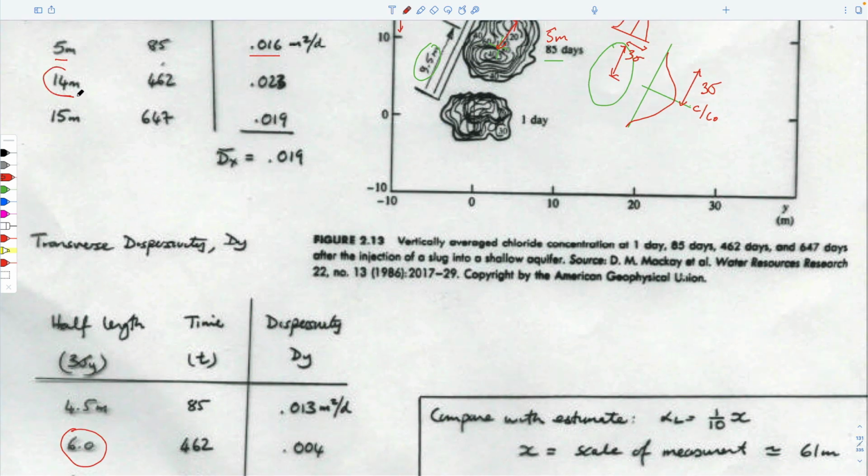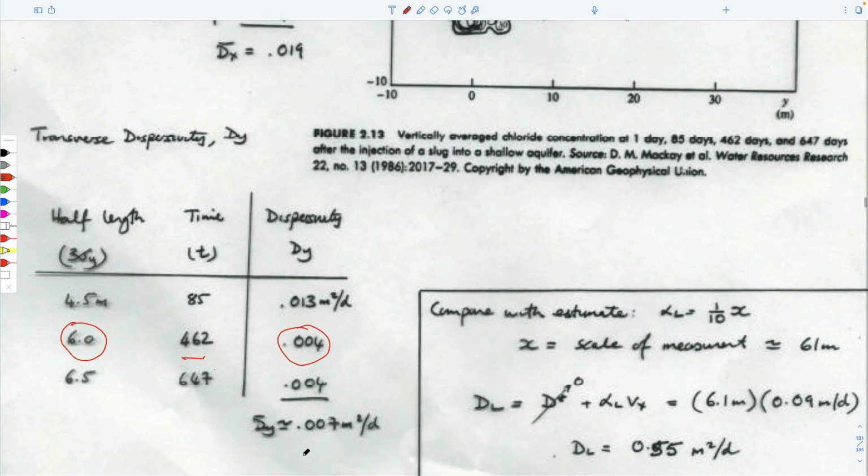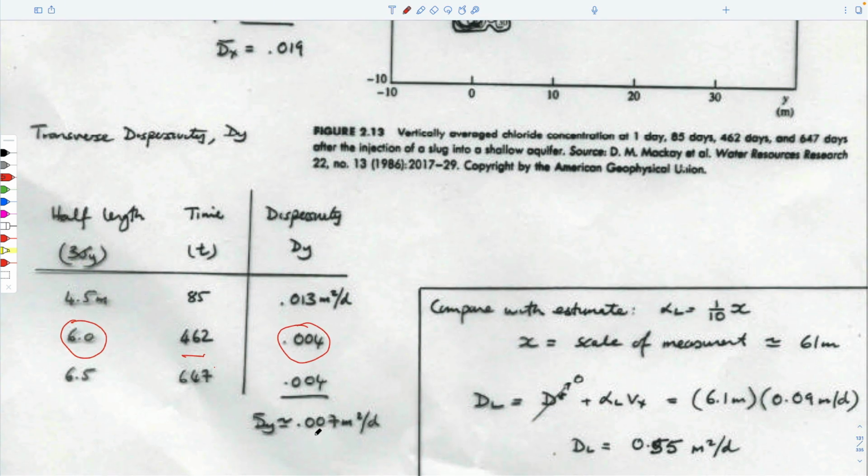Same calculation. 6 meters, it occurs after 462 days, which is this here, and allows us to get the transverse dispersivity here. And then if you do it for all 3, the averages come out to be this.